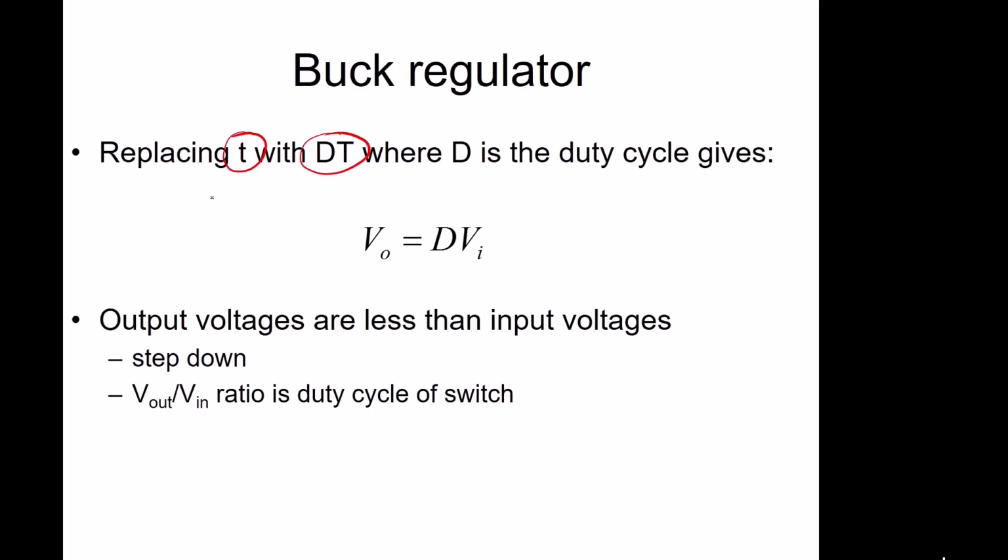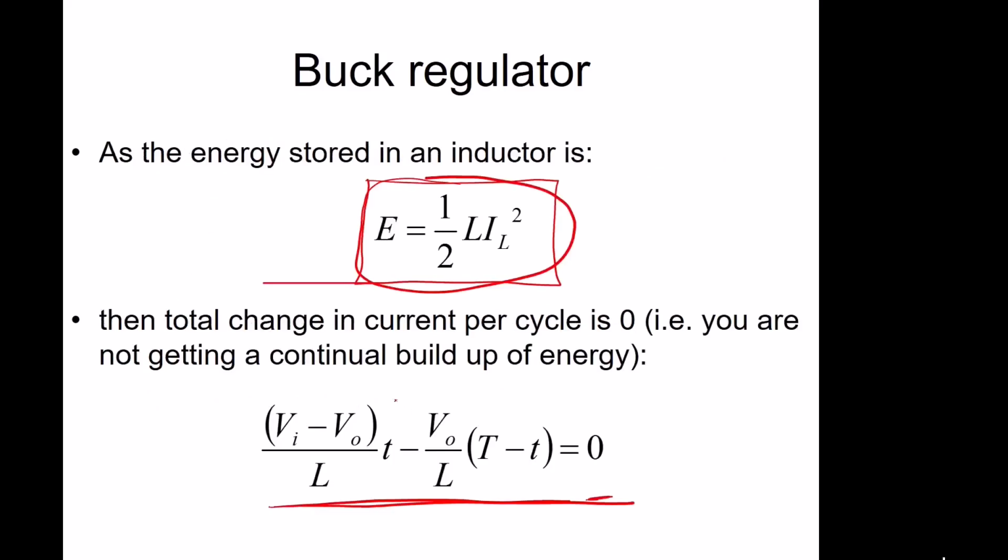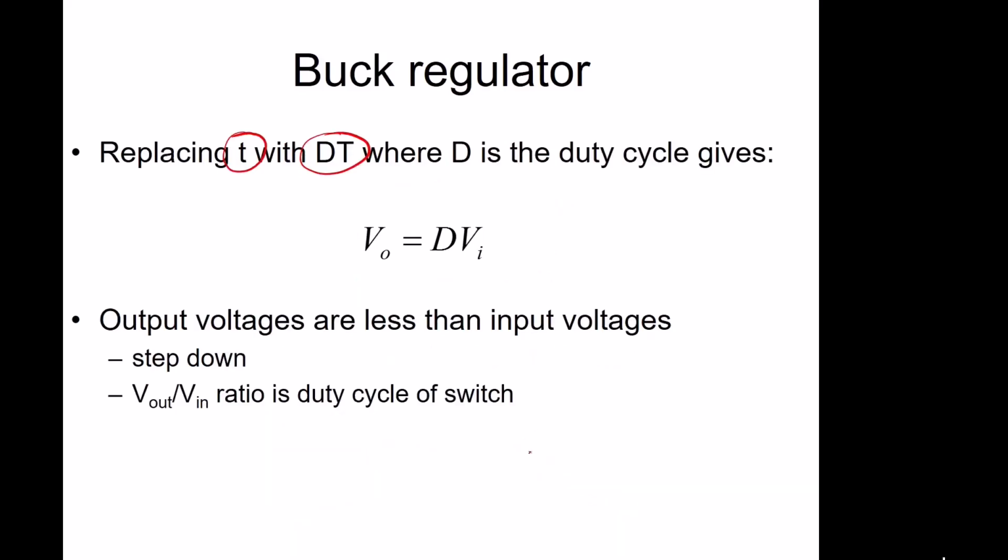So if we replace t with dT in this equation here and here, and rearrange, what we get is the output voltage is the duty cycle times the input voltage. So duty cycle is going to be between 0 and 1, and therefore the output is going to be less than the input voltage. So it's going to step down the voltage.